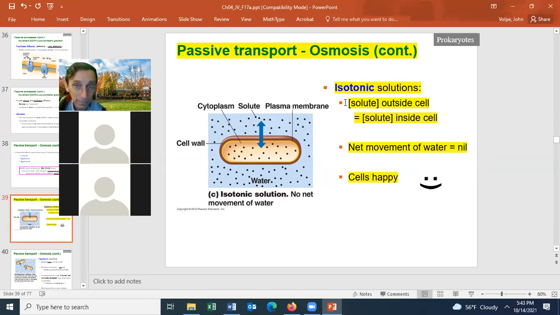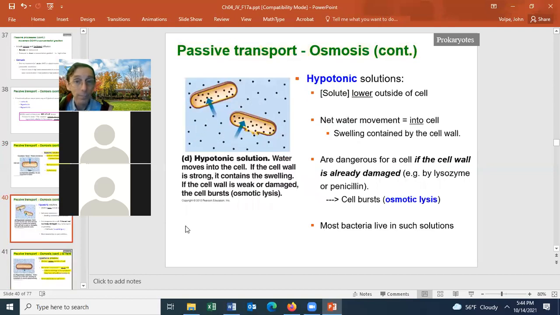And as you notice, like I said, the tonicity is defined by the concentration of the solute, not by the concentration of the solvent. But usually it's the water that does the moving across the plasma membrane. In a hypotonic solution, the concentration of the solute outside the cell is lower than inside the cell.